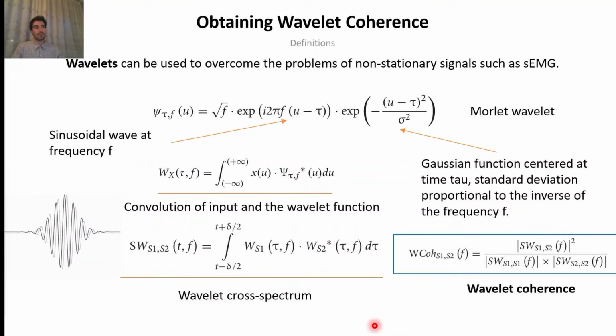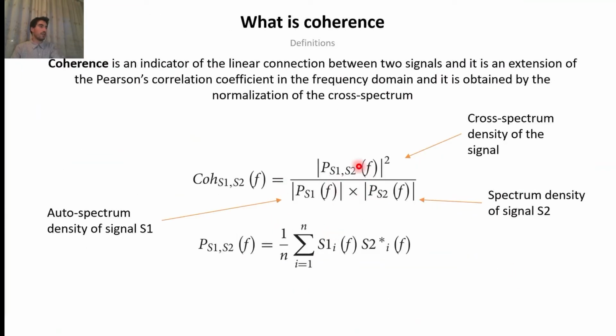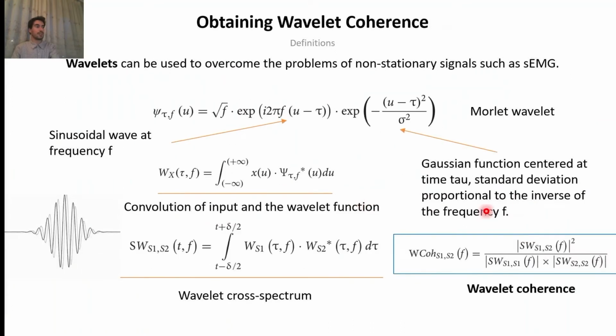With similar reasoning as in the other slides, we can get the wavelet coherence, which is the cross coherence divided by the Fourier or wavelet transformation of the autospectrums, of the autocorrelations of the signals.